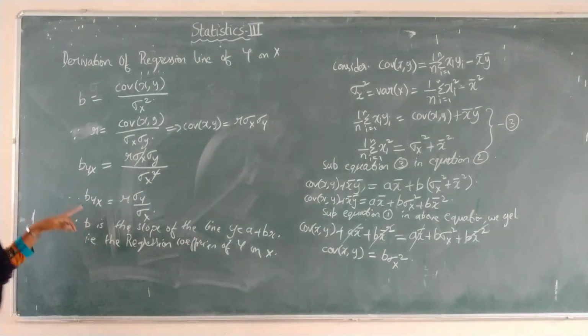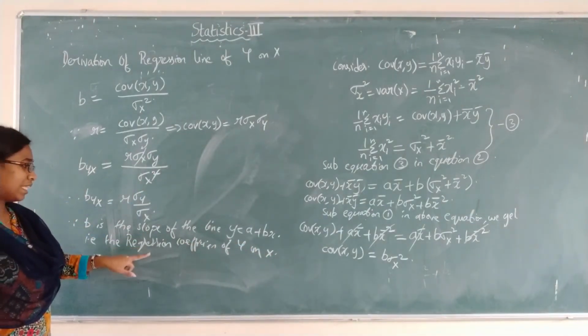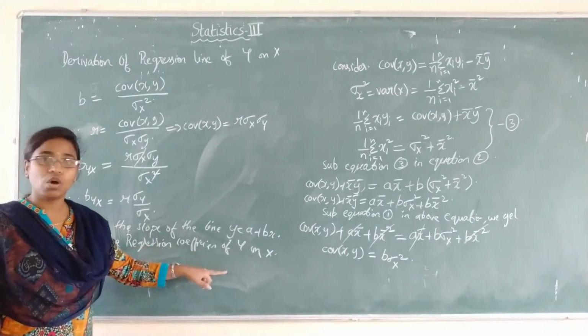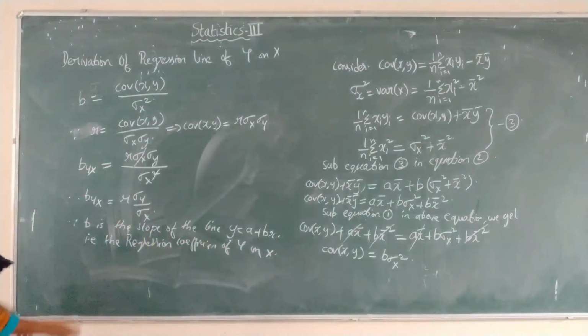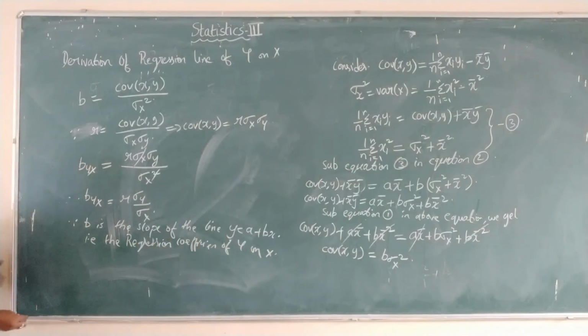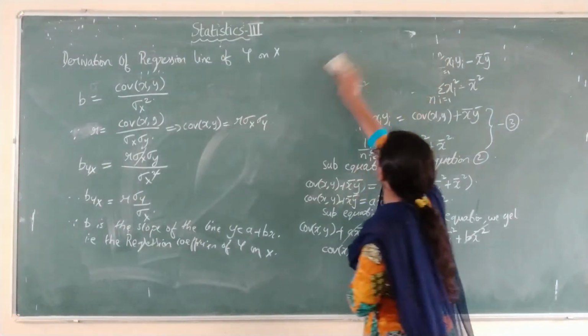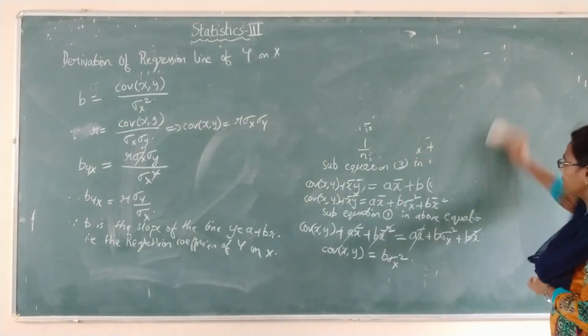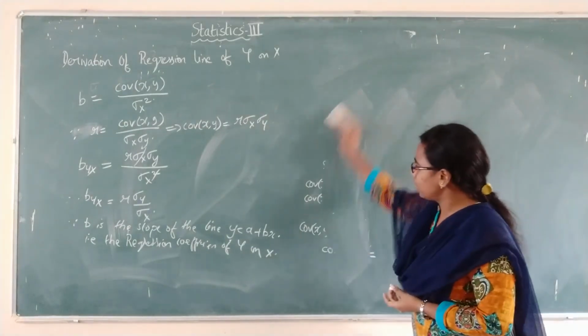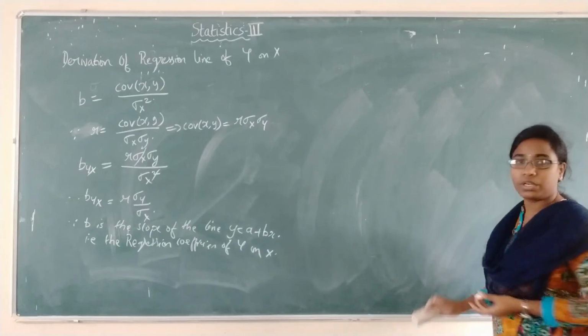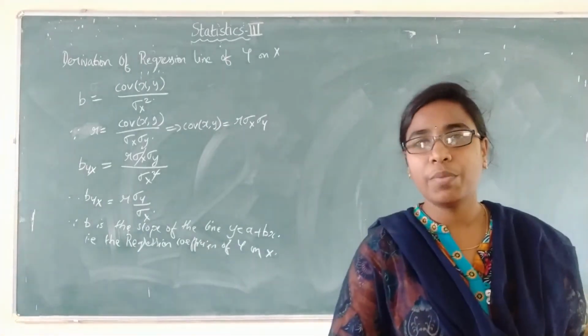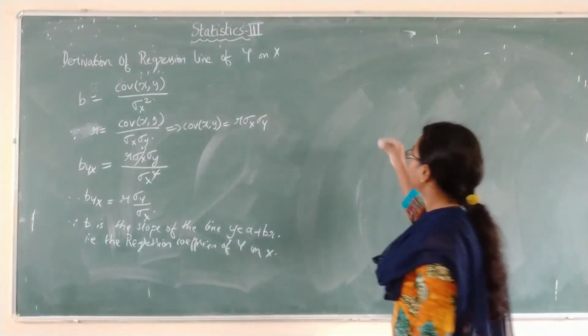Whatever b value you are getting, that is the slope, and slope is nothing but the regression coefficient of y on x. So this byx is the required value. Now what is required? Here we don't need the a value. We want only the b value. So we've got the b value.